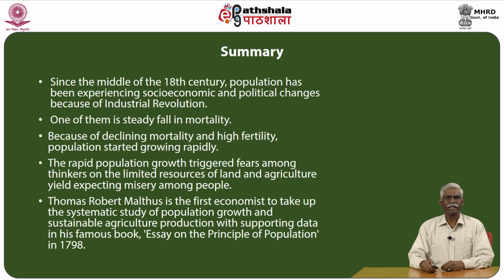That was the setting in which Thomas Robert Malthus, the first economist to take up a scientific, systematic study of population growth and sustainable agriculture production and its linkages, through his famous book titled Essay on the Principle of Population, published in 1798, immensely contributed in the area of population and development.